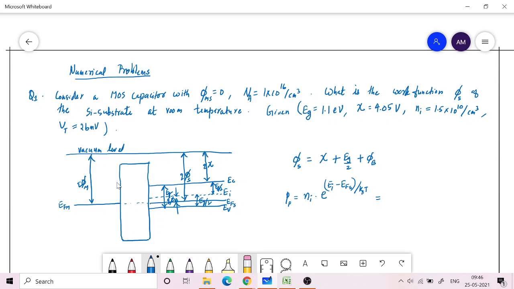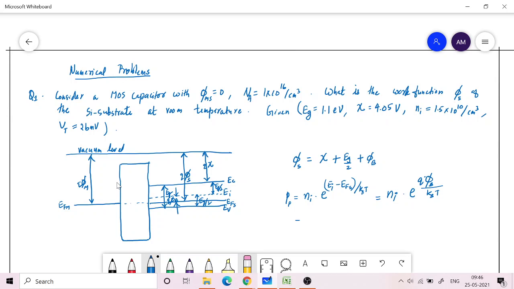So it is Ni into e raised to q phi b by kBT.